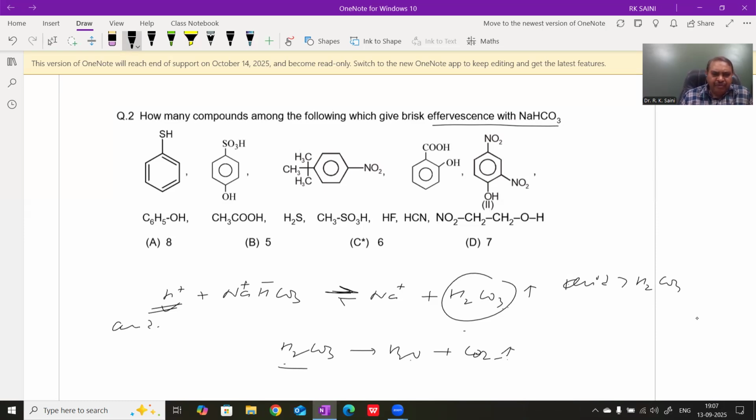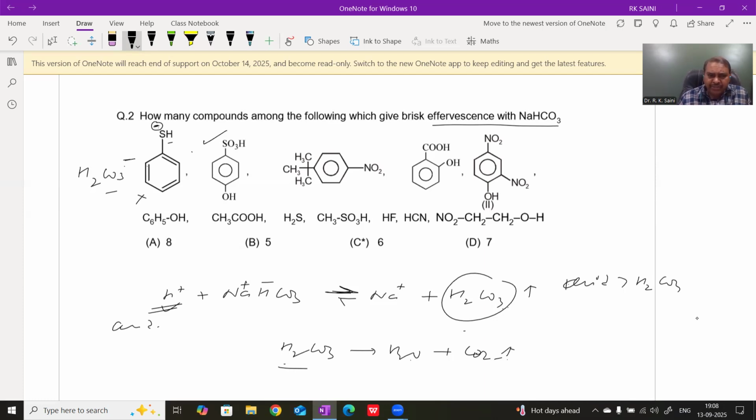Thiophenol is a weaker acid than carbonic acid, because in bicarbonate ion there are two resonating structures and the negative charge is present on two oxygens, but in thiophenol the negative charge is present at the sulfur as well as carbon due to resonance. Therefore bicarbonate is more stable than thiophenol, and this compound does not evolve CO2.